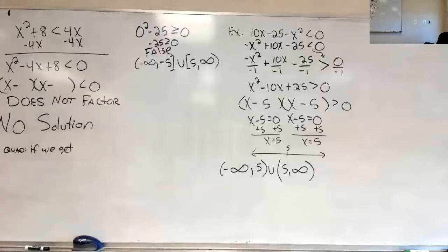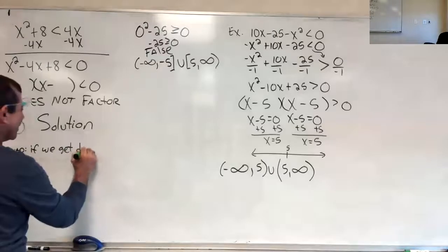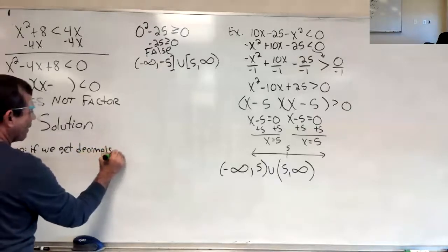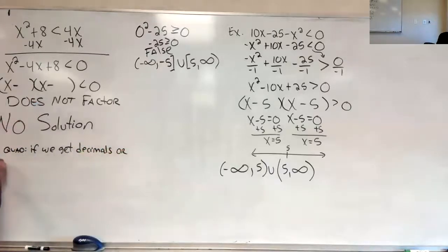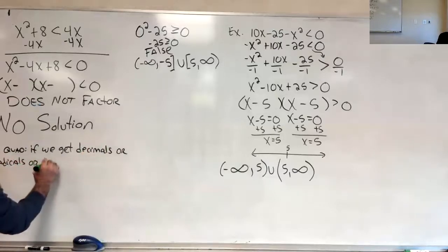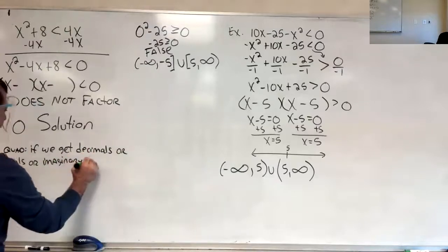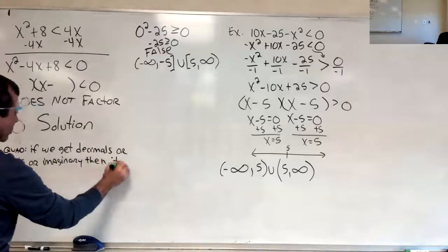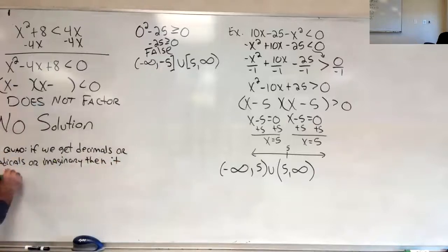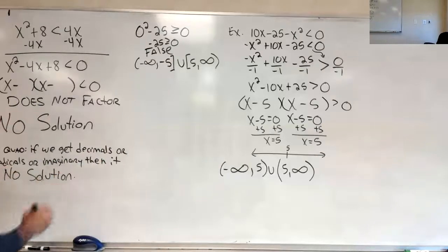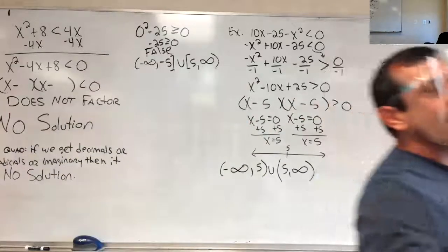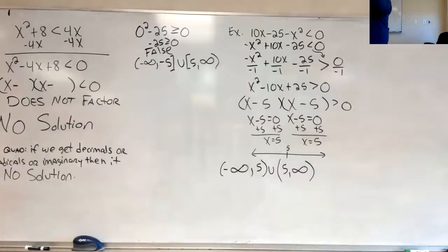So if we get decimals or radicals or imaginary, then it is no solution, because all those methods would mean it does not factor under integers, okay?